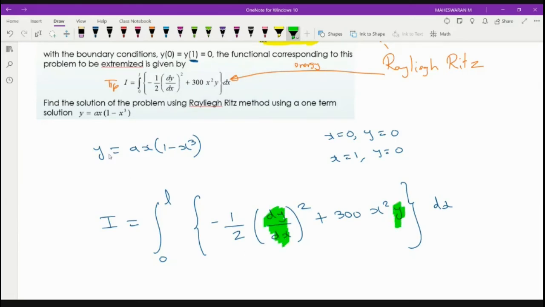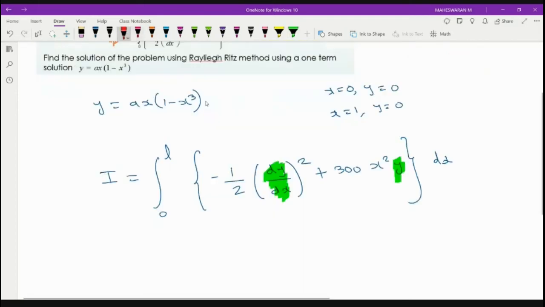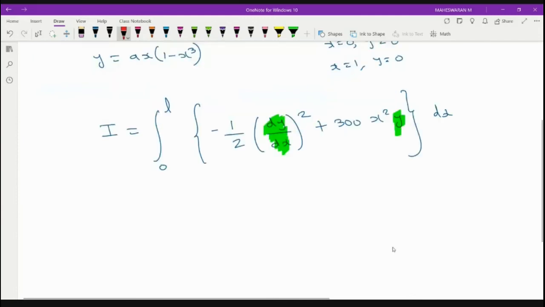So I have to apply this in these two places. For that, I have to differentiate once. So let me identify dy by dx. Before that, I will write my y by taking it inside. So I'll get ax minus a into x minus x power 4, bringing this x inside. Now differentiate this, and we get a into 1 minus 4x cube.